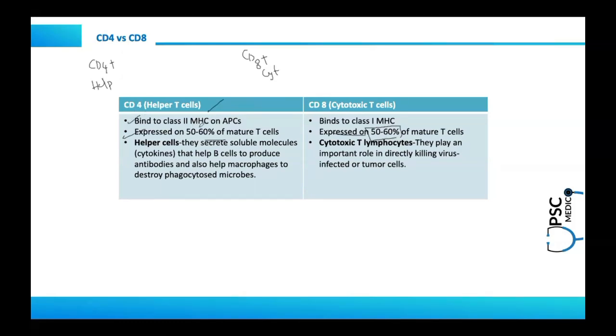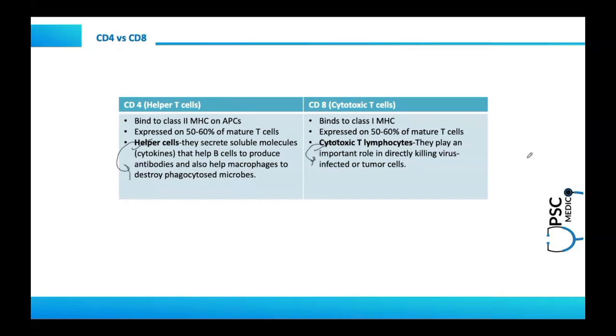The remaining mature T cells are the cytotoxic T cells. CD4 binds to the class 2 MHC, and CD8 binds to the class 1 MHC. This is how I remembered: 2 into 4 is equal to 8, and 1 into 8 is equal to 8. So I remember 8, and if I get a CD4, then it is MHC2. If I get a CD8, it is MHC1.